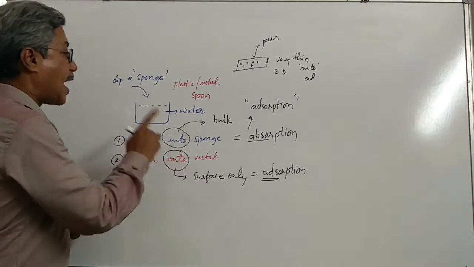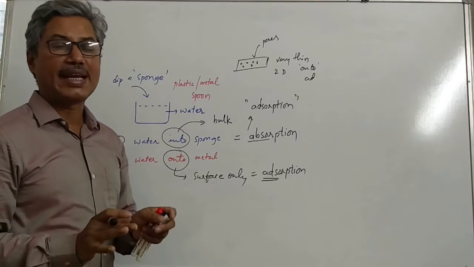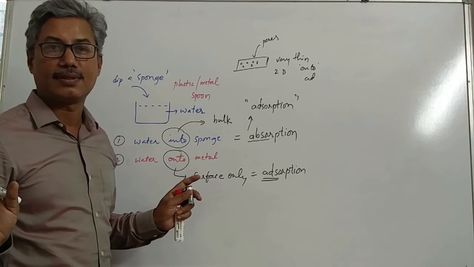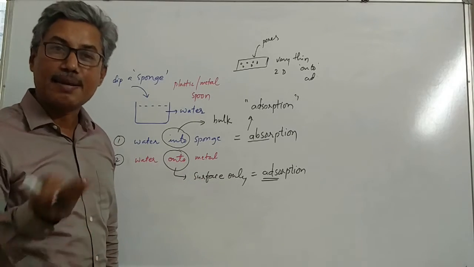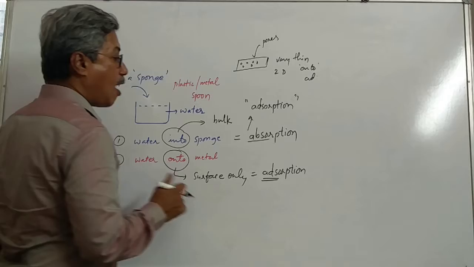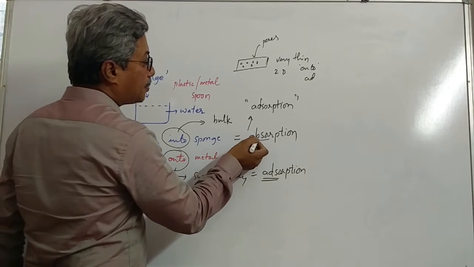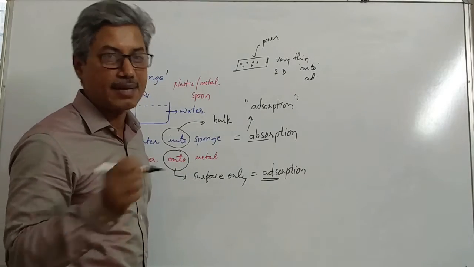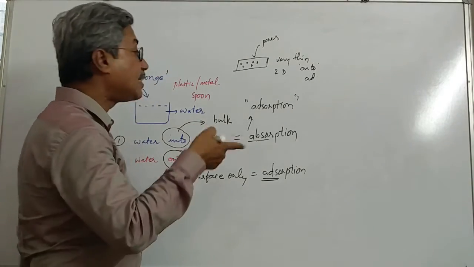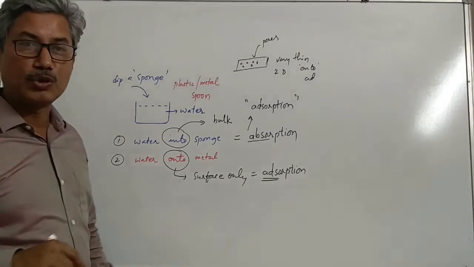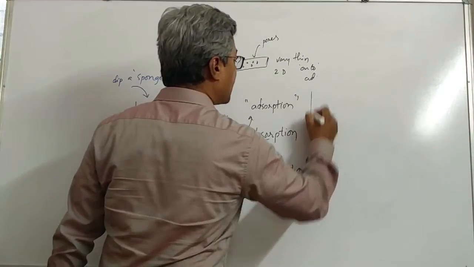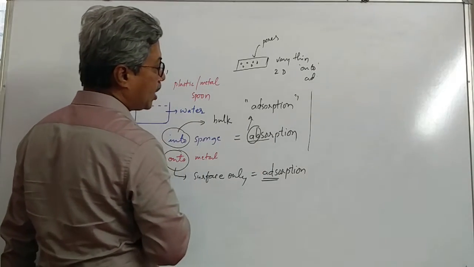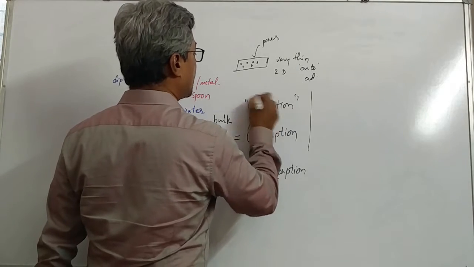Clear, students? Actually, absorption at the microscopic level stands for adsorption only, and hence there is a confusion between absorption and adsorption. Or we can say that absorption occurs upon adsorption, or simultaneous adsorption and absorption are possible. Is it clear, students? To avoid this confusion, the first two letters of absorption and the first two letters of adsorption are removed.